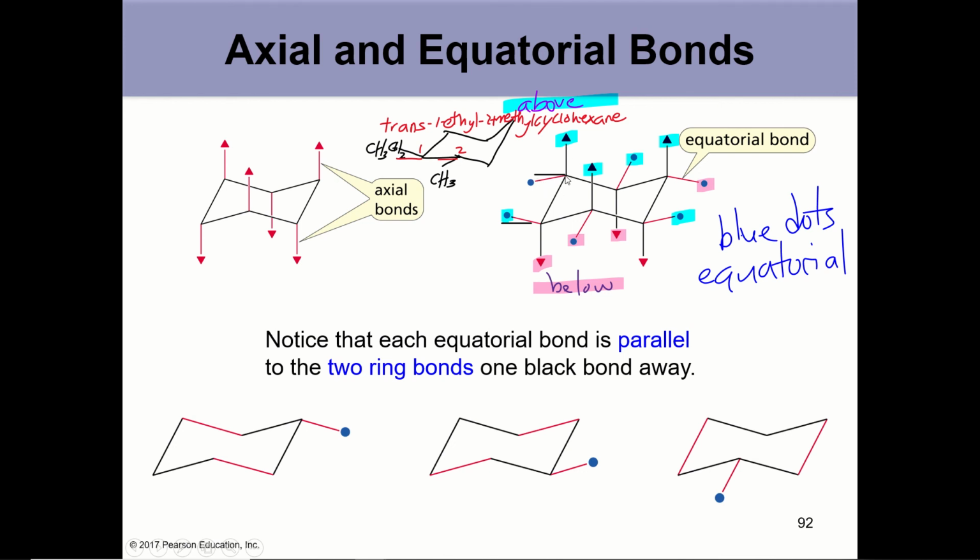And on any individual carbon, if the axial hydrogen is straight up, then the equatorial hydrogen will be down, or less than horizontal. Okay? And we need to know that in order to designate cis and trans conformations of the ring.